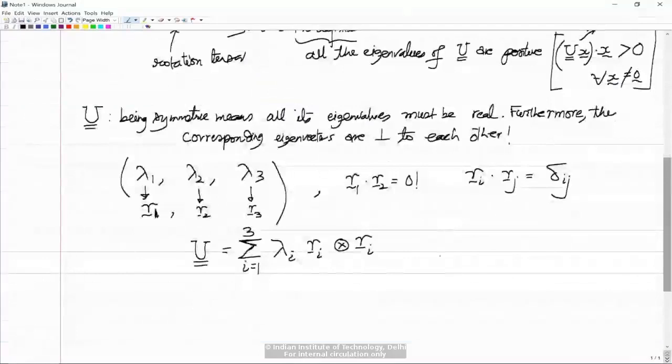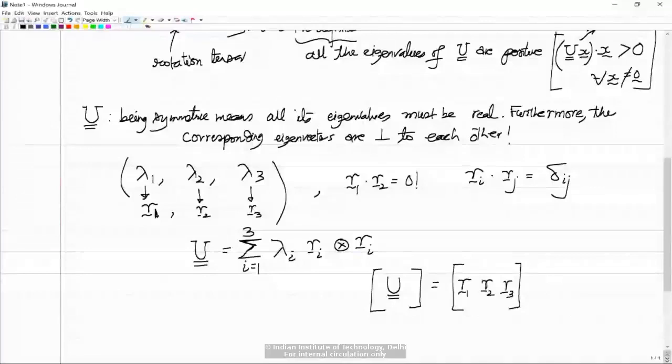All right. And in fact, if you think of the matrix form, then this U matrix, which I denote by these brackets, you can write as the matrix of the eigenvectors of U, which are r1, r2, r3, times a diagonal matrix having the eigenvalues on the diagonal, times the matrix of eigenvectors but transposed.